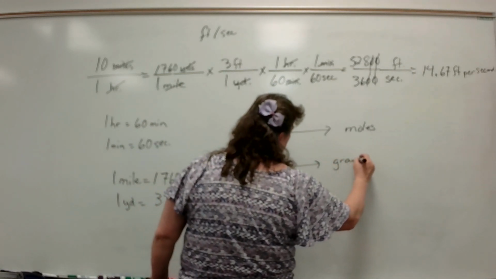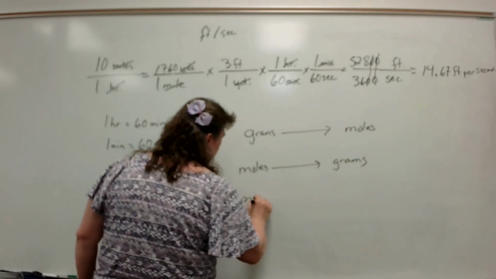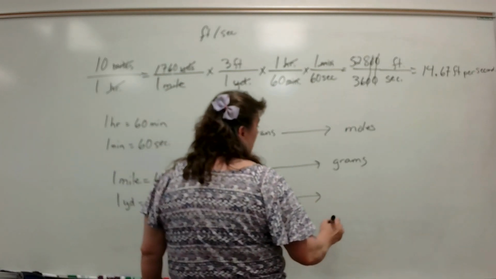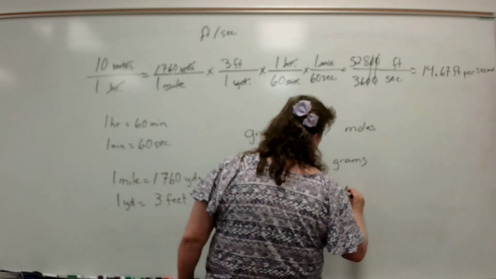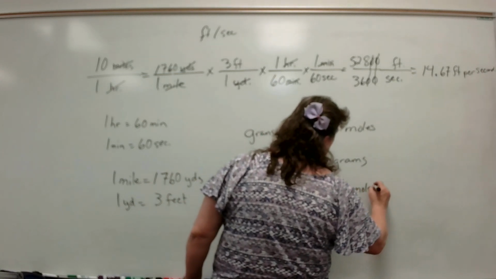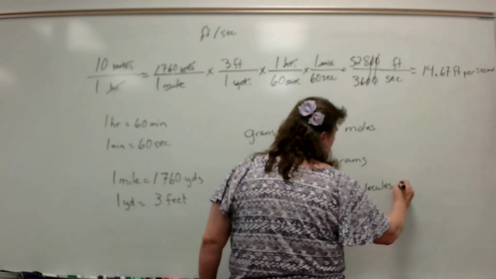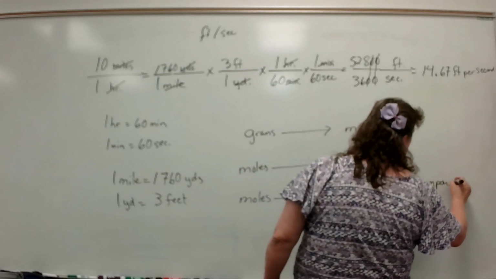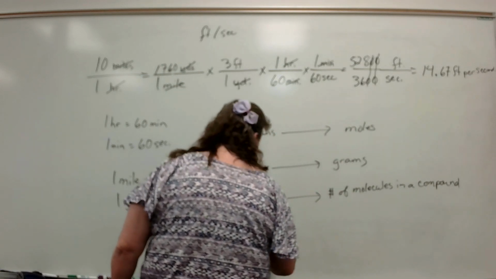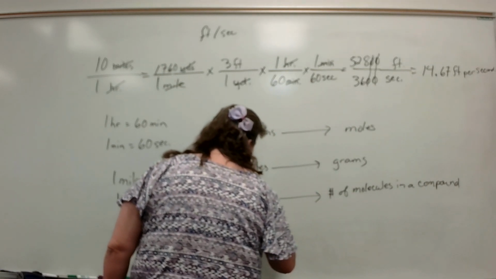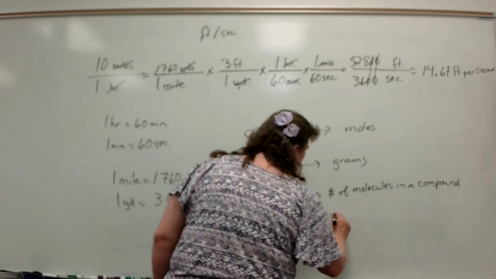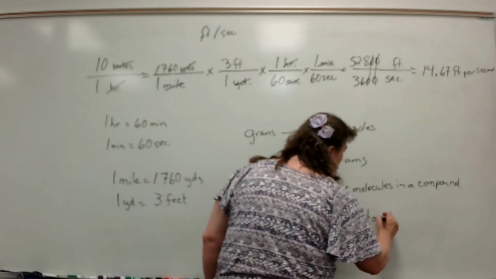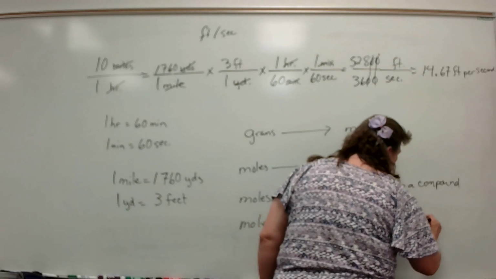You're also going to go moles to things like number of molecules in a compound. And this all uses this dimensional analysis of moles to number of atoms in an element.